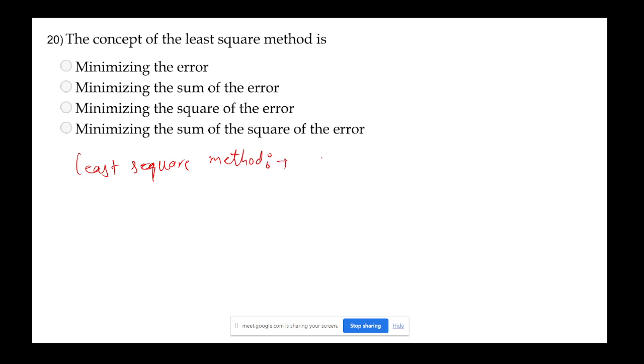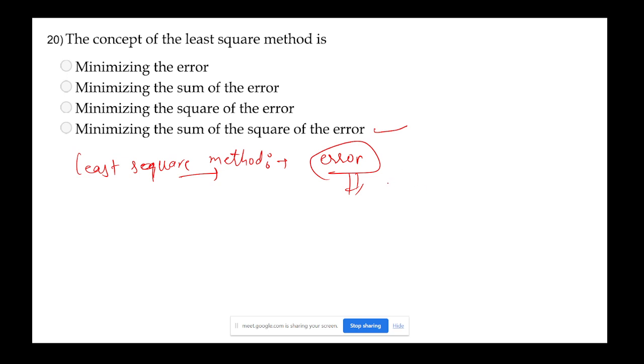You find out the errors, and you take the sum of the square of errors and minimize that function so that you will be able to find the values of the constants in the empirical formula. You minimize the sum of the square of errors. And why do you do this? Because if you simply add the errors, they might nullify each other.